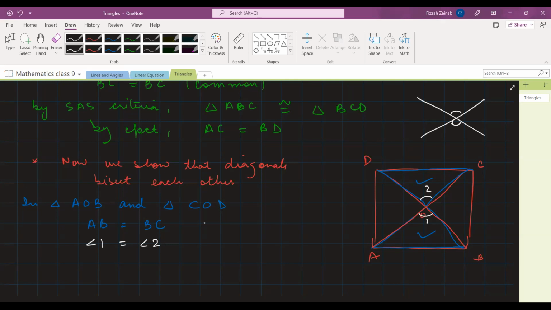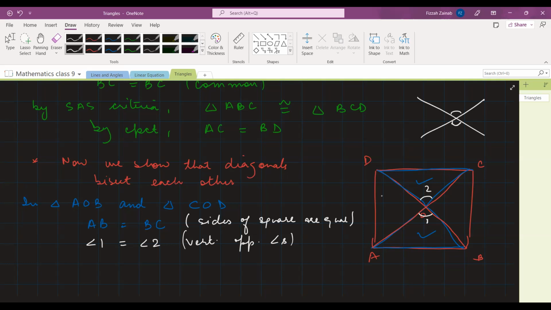Vertically opposite angles, isn't it? Right? So angle 1 is equal to angle 2. Okay. Now one more angle you need. So either this one or this one.